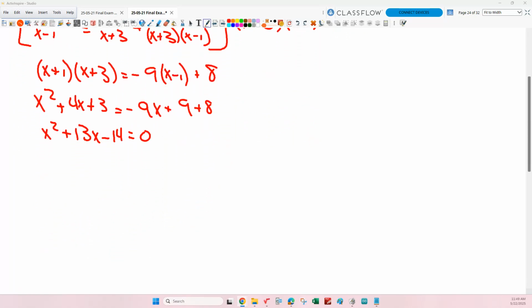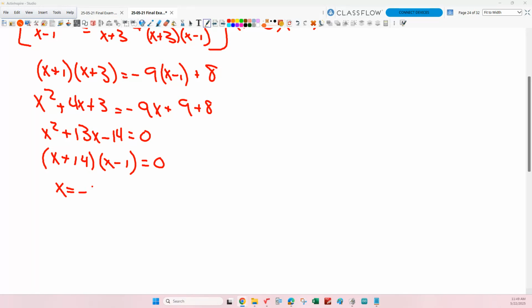What would I use to factor that? What's the easiest way? Magic numbers, yep. What would those magic numbers be? We want x plus 14 and x minus 1 equals 0. You're going for the zeros? What would those solutions be?